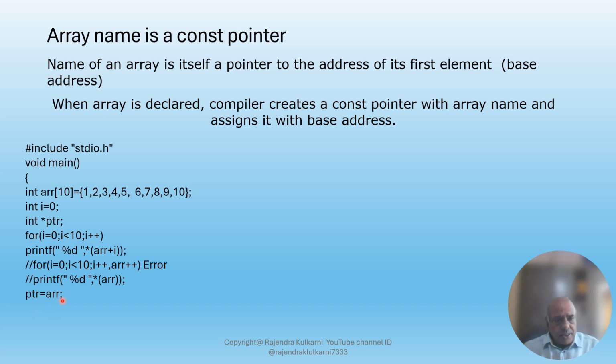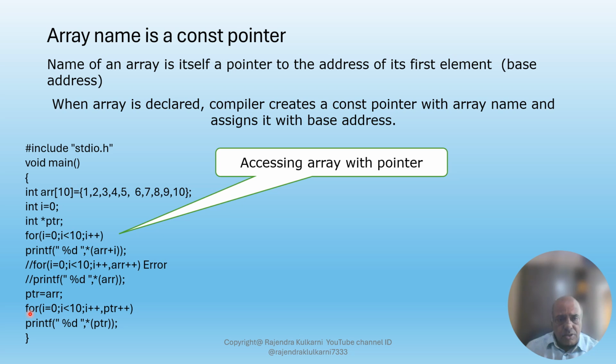But in case of arrays, arr itself is holding the address of the 0th element. So we are not using ampersand here. We are directly assigning that address to ptr with this assignment statement. And ptr can be incremented because it is not a const pointer, it is a simple pointer which we have declared.